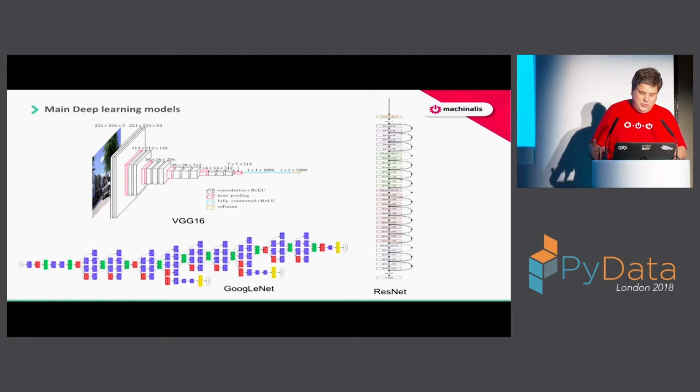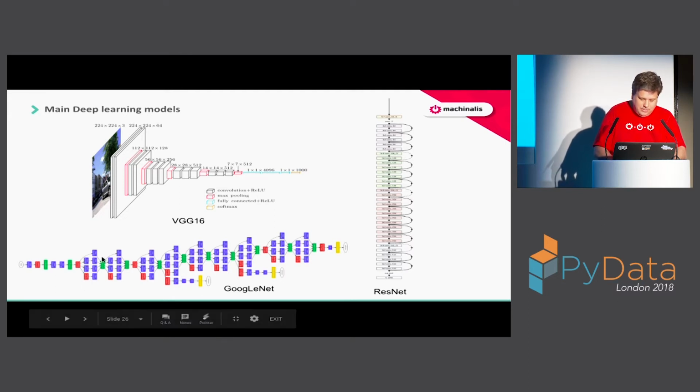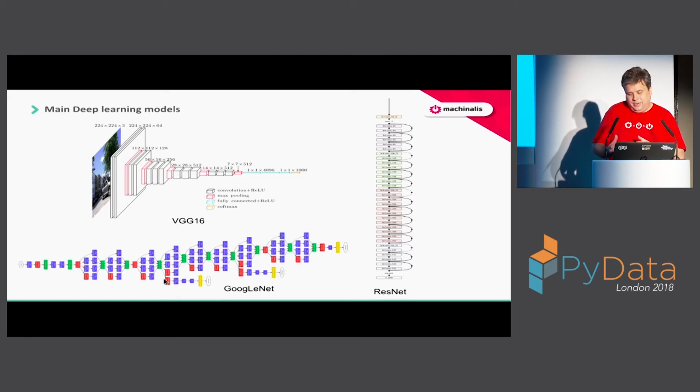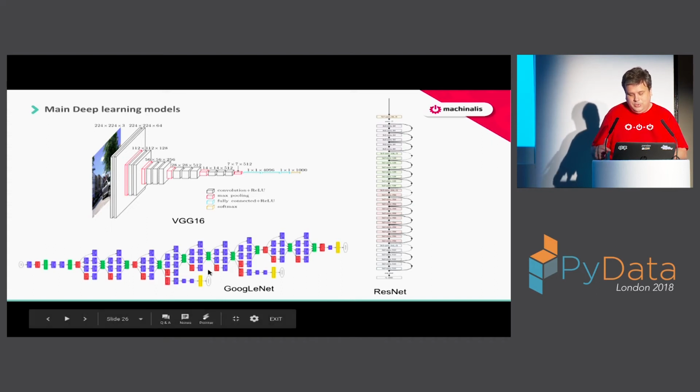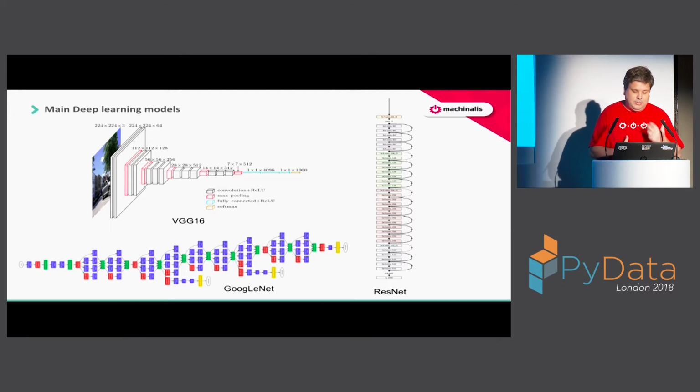Following that tradition, every year a challenge was held searching for better models. Then Google entered the scene and produced GoogleNet, in which you have new modules called inception modules, which are structured the way I'm showing you. It produced really good results, improving on the VGG architecture, but you can infer how complex that is.